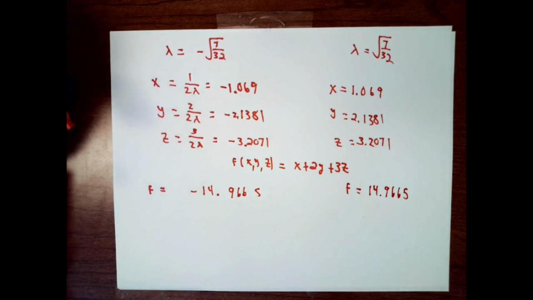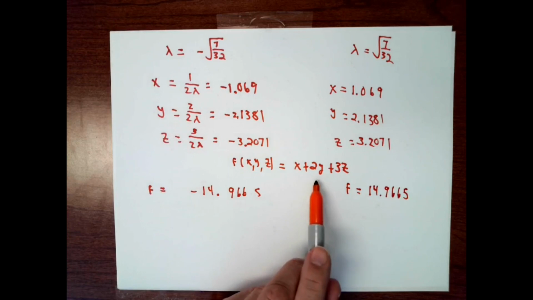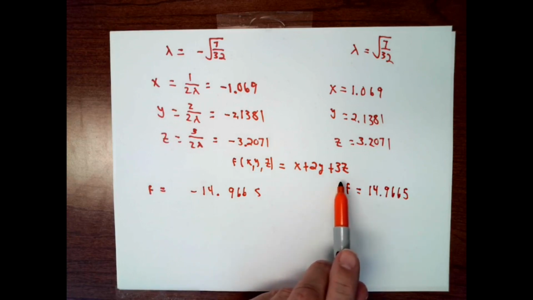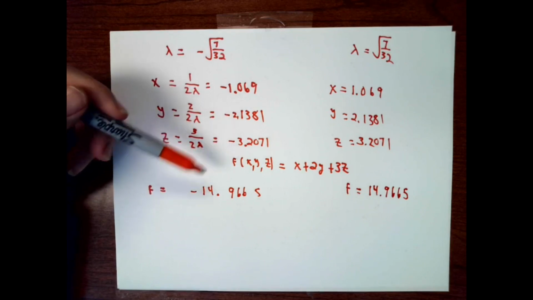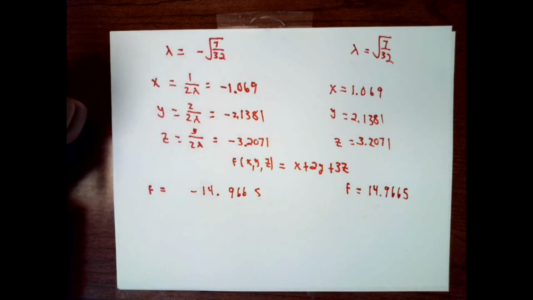The function that I'm trying to maximize and minimize is x plus 2y plus 3z. If I put these values in for x, y, and z, my function value comes up to be negative 14.9665.